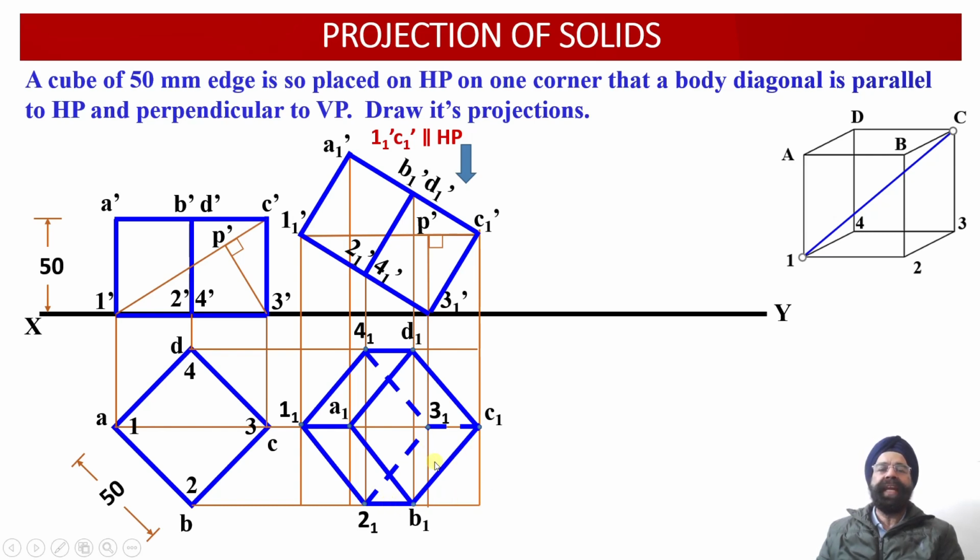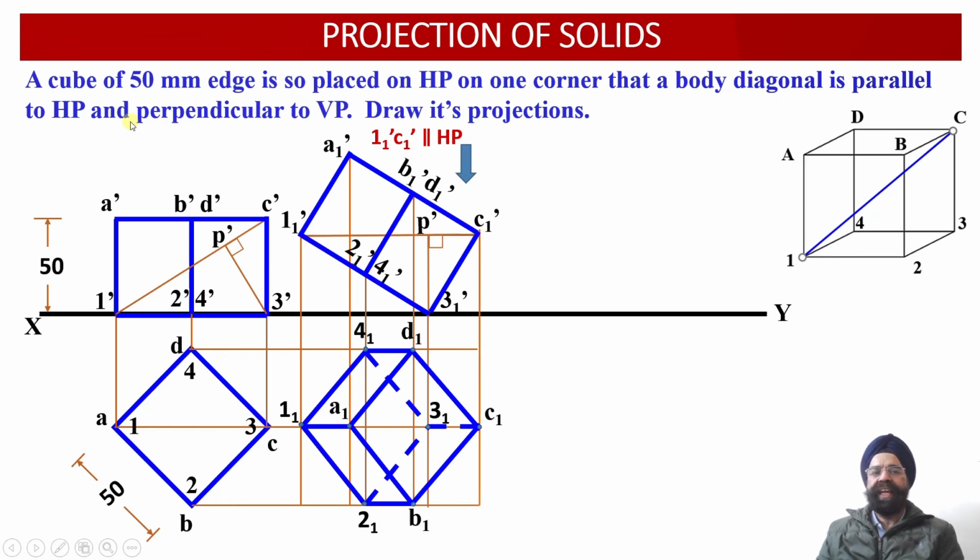So this completes the construction of the top view projections of a cube when the cube has been inclined in such a way that the body diagonal of this cube becomes parallel to the horizontal plane.